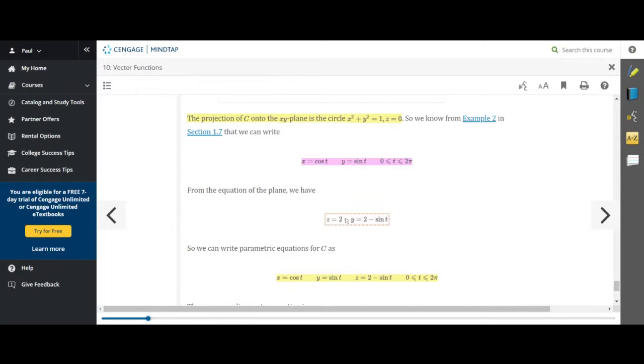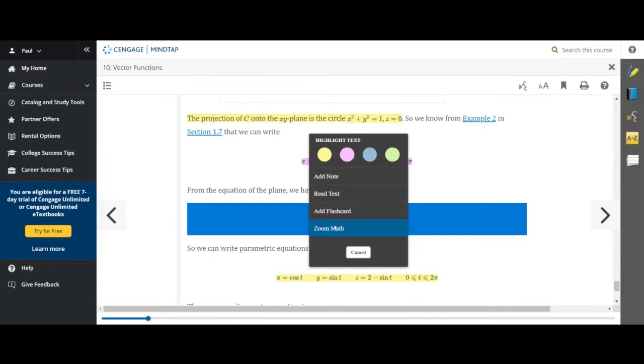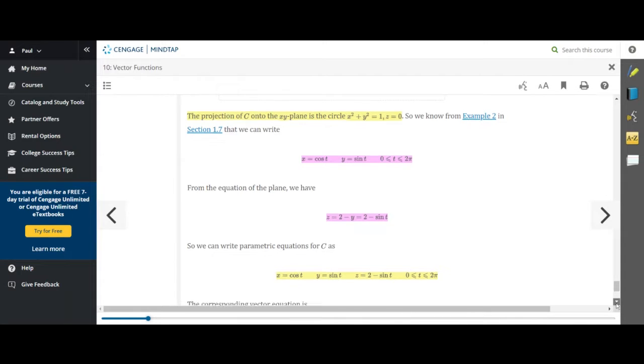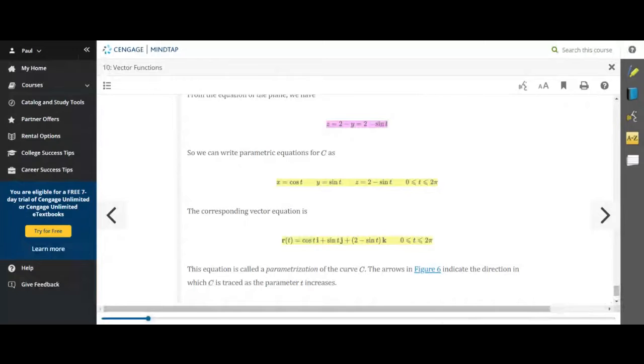Okay, so there's x, and there's x, y, and z. It follows then that the vector equation, or position vector, that's going to trace out this elliptical curve in space is r of t equals cosine of t i plus sine of t j plus 2 minus sine of t k, and t can be restricted from 0 to 2 pi.